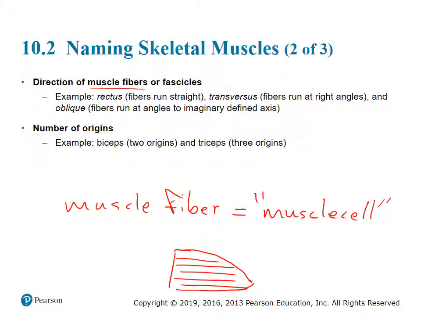So these lines represent them. If we looked at a muscle and looked at these individual muscle fibers, we could see the muscle fibers having a certain direction, right? So it just depends. Sometimes the fibers of the muscle cells run up and down, rectus. Sometimes they run at a right angle, transversus. And sometimes they run at an angle, which we call an oblique angle.